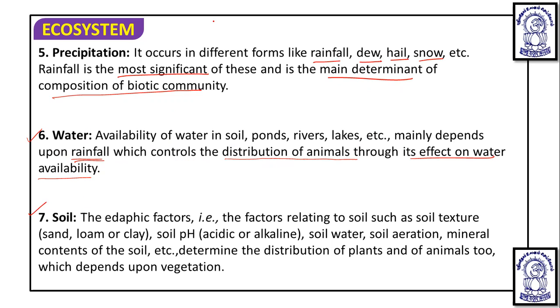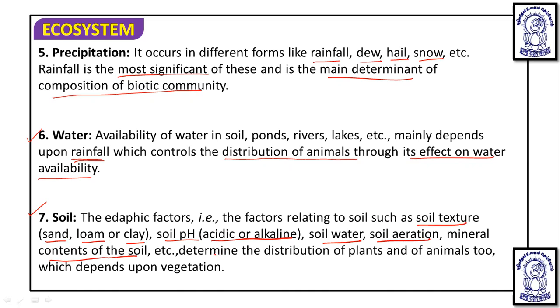After this, the next thing is the edaphic factor in the soil, the factor relating to the soil, such as soil texture: sand, loam, clay. Soil pH can be acidic or alkaline. Soil water, soil aeration, mineral content of the soil, etc. All these factors are related to the soil.